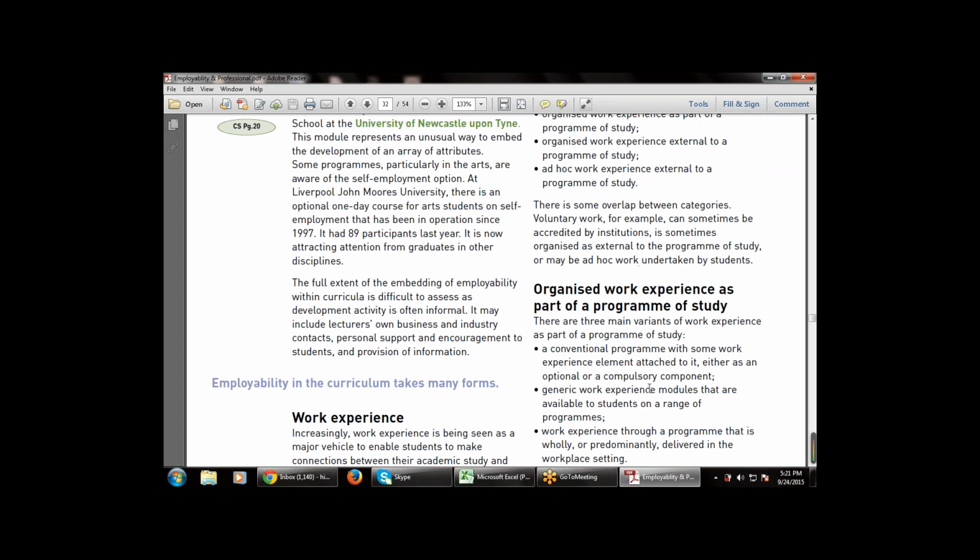So let's discuss them one by one. First is the organized work experience as a part of the program of study. There are three main variants, or three main features, of work experience as part of the program of study.